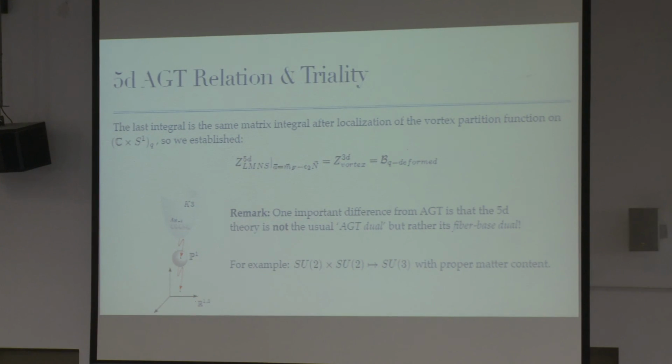However, if you go to 5D, then these are just finite size P1s, and their roles can be exchanged. And that exchange is the fiber-base duality. So you lose that when you take the field theory limit and go to 4D. And that's why it becomes so nice and easy when you lift it one dimension up. I think that's the cute thing, because the dual is not what AGT tells you. The dual is the fiber-base, and you cannot see it in 4D.